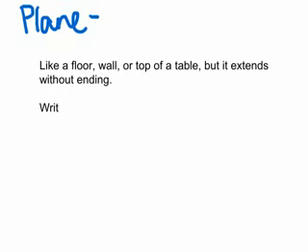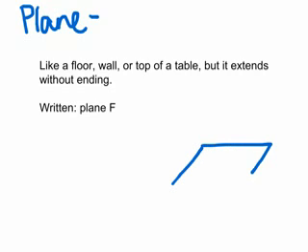Okay, and how is it written? This one's kind of like a point. You name it plane, and then we'll give this one a capital letter F. So this will be plane F. And the way that you would draw a plane is it looks kind of like a parallelogram. In fact, it almost always is a parallelogram, and then you put the capital letter F in the corner.